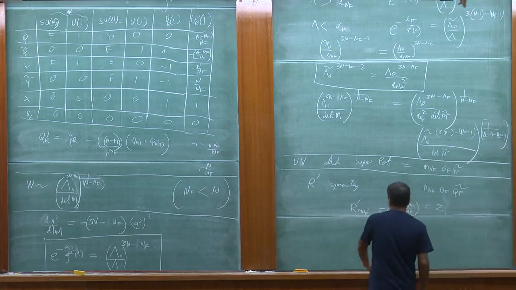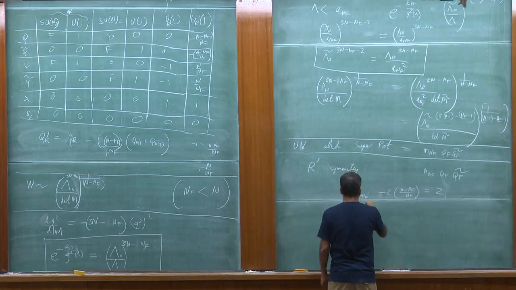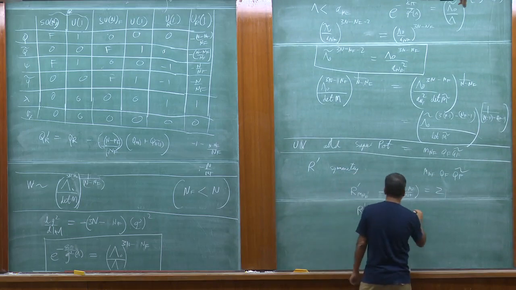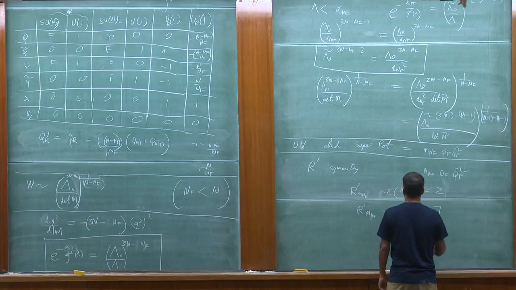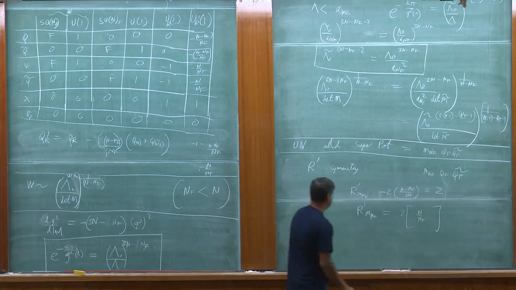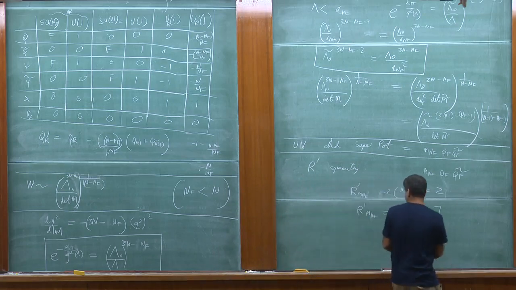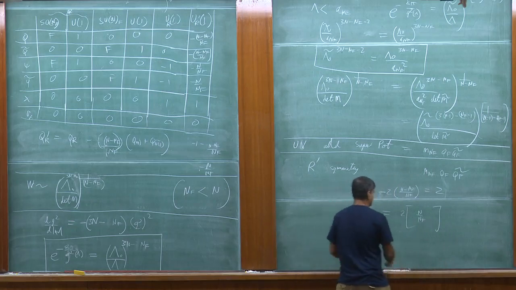So we get that R prime of MNF is equal to 2 into, what is it? Is it N by NF? Can you check this, please? Yeah, looks right to me. So R prime of MNF is equal to 2.